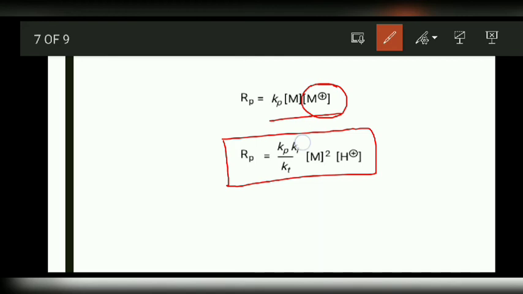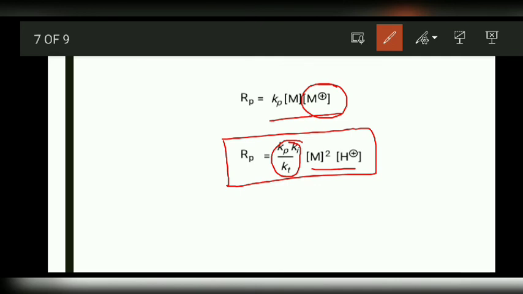So here these are constants, right. These are the only variables. So what we can conclude from this equation is the rate of polymerization is proportional to the square of monomer concentration, right, and it is also proportional to the molar concentration of the H plus ion or positive ion concentration, the first power of positive ion concentration.